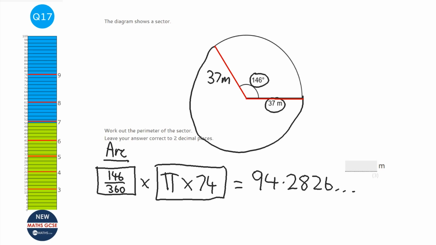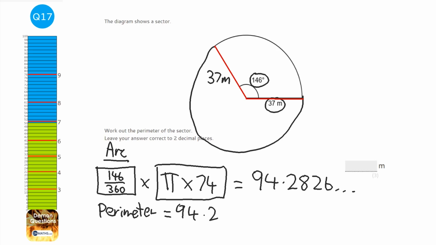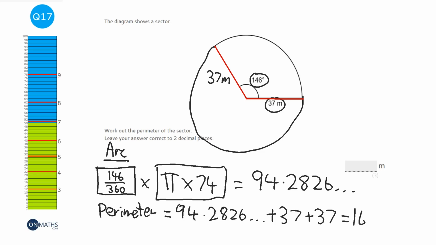So to work out the perimeter, I'm just going to get that 94.2826 blah blah blah, and I'm going to keep it in my calculator, and I'm going to add 37 and add another lot of 37. So add 37, add 37, and that gives me 168.2826 blah blah blah.